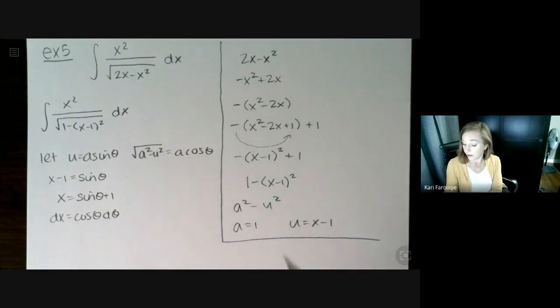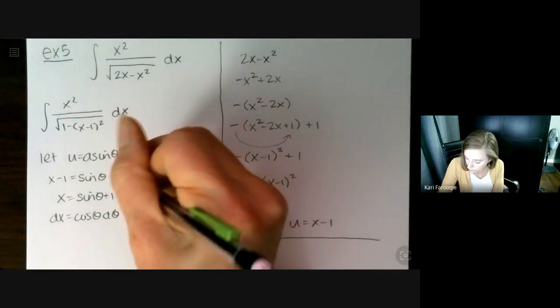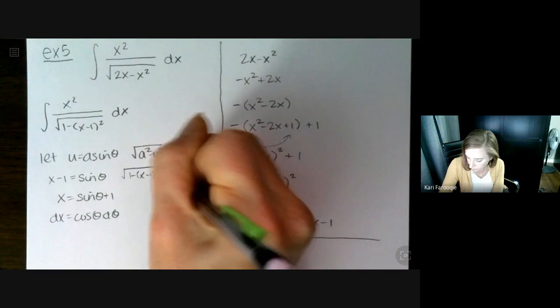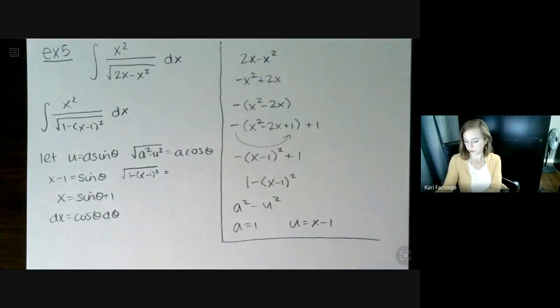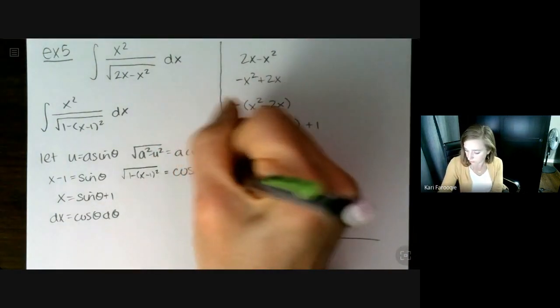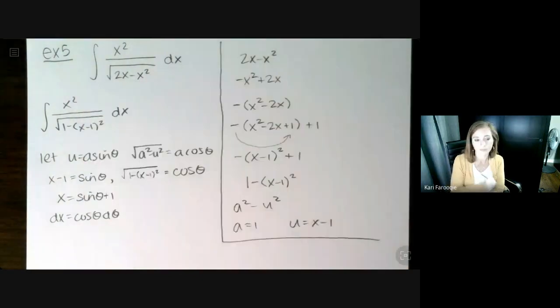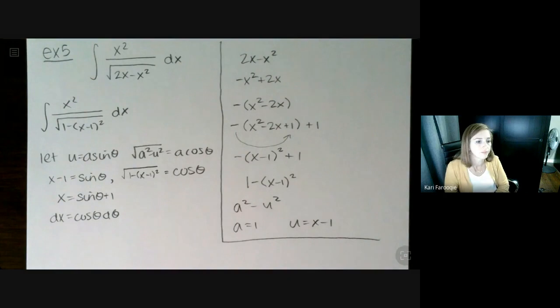Okay. And now for your quantity, 1 minus (x minus 1) squared, you're going to get 1 cosine theta, or just cosine theta. And now we can start to sub everything back into our integral.